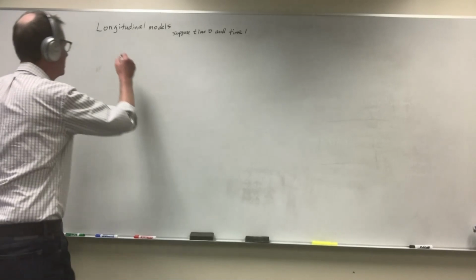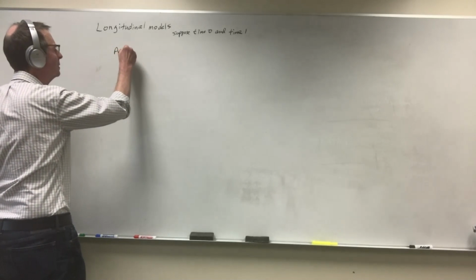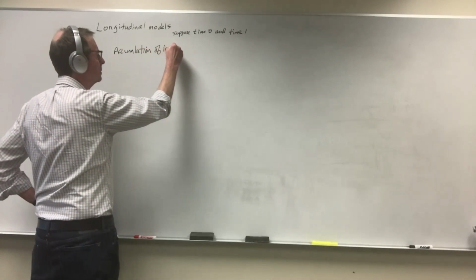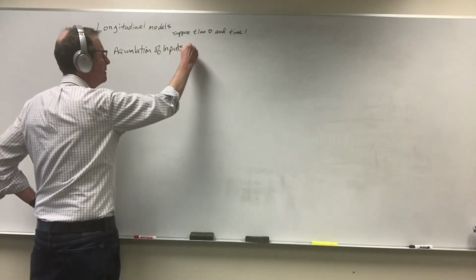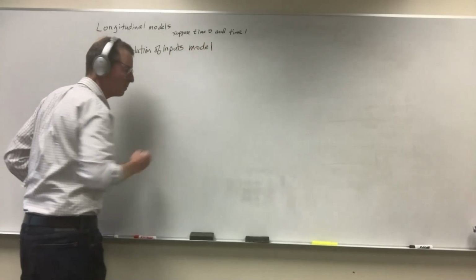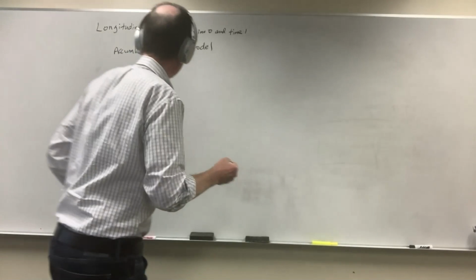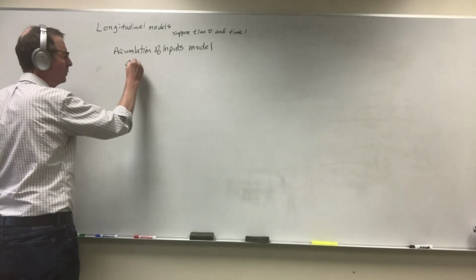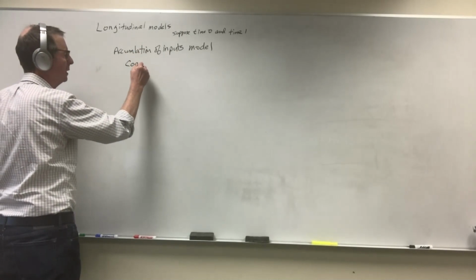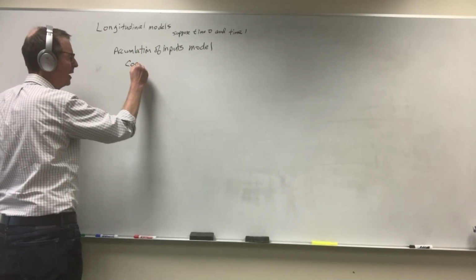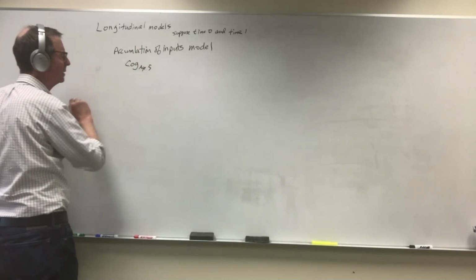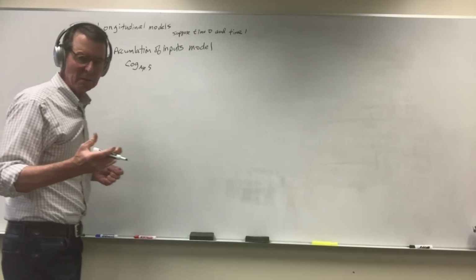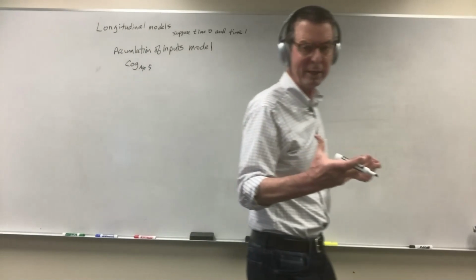So this is accumulation of inputs. It's another conceptual model, very different from instantaneous change. In the childcare article, the outcome was cognitive scores at age 5, and we're relating this to childcare quality.